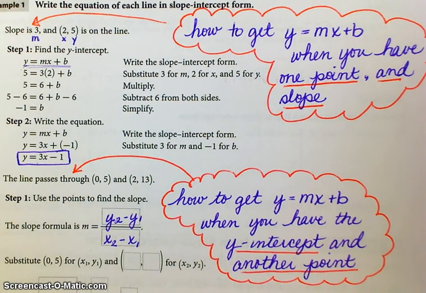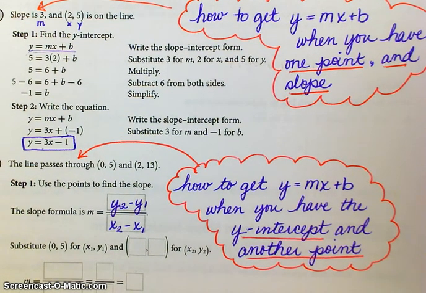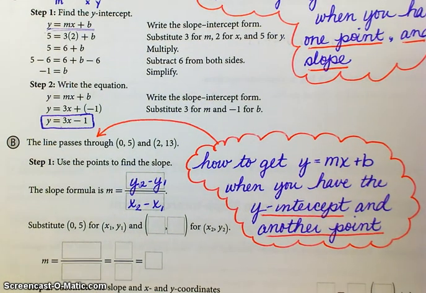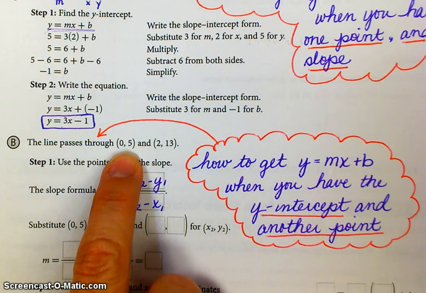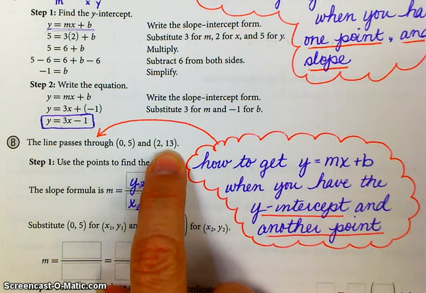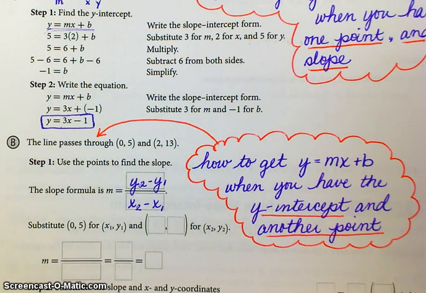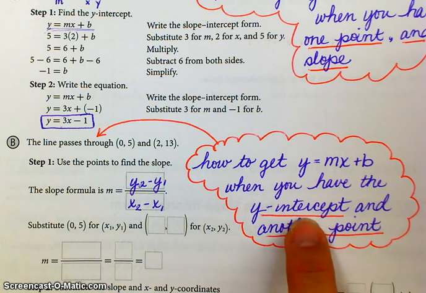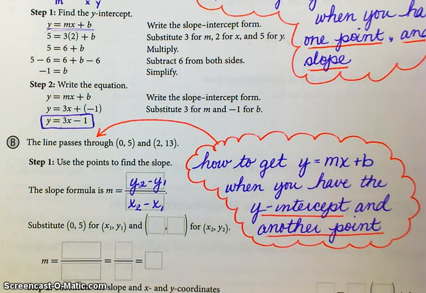Example 1b actually gives you the y-intercept, 0, 5, and another point. So b is going to be our example of how you get the slope-intercept form when you have the y-intercept and another point. That's what we're about to go through in just a second.